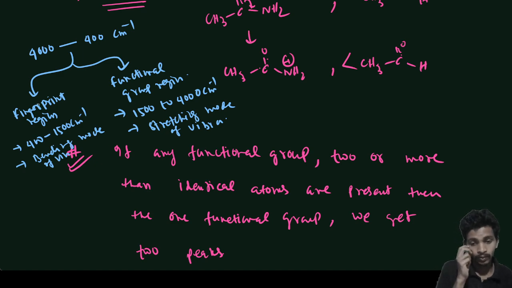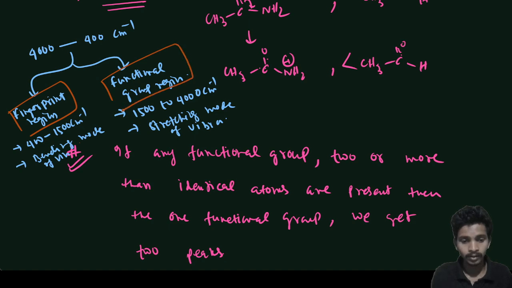So whenever you talk about the fingerprint region, then we talk about bending modes, and whenever you are talking about the functional group region, then we are talking about stretching modes of vibrations. The fingerprint region range is 400 to 1500 centimeter inverse, and the functional group region range is 1500 to 4000 centimeter inverse.